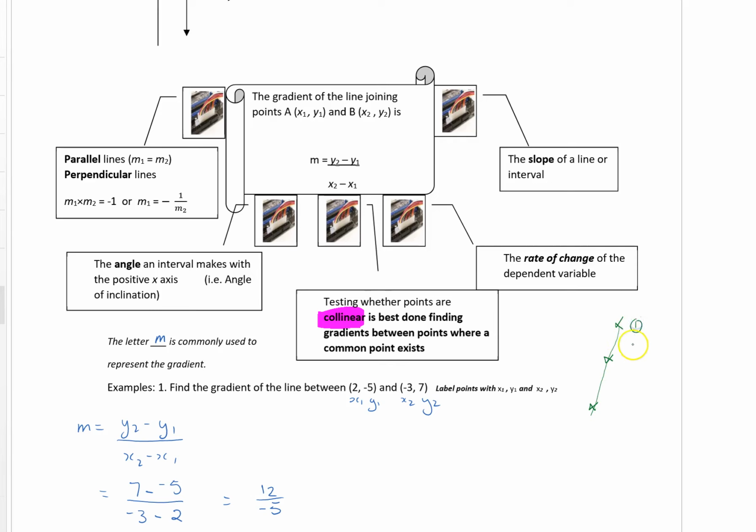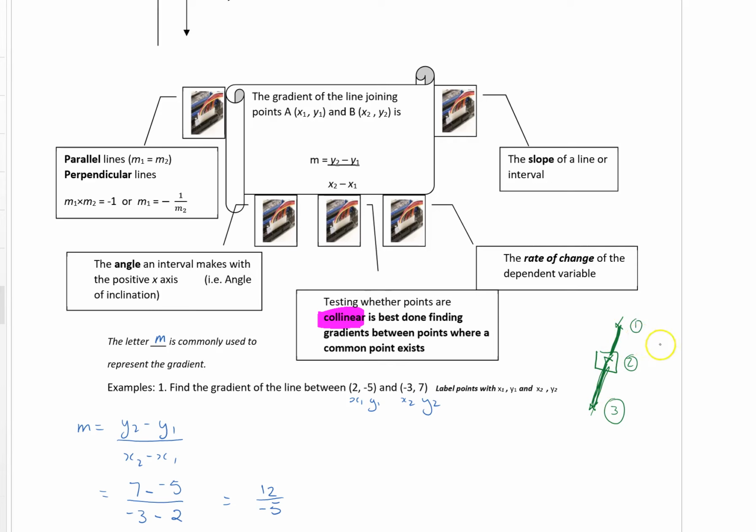So if this is point 1, point 2 and point 3, if I found the gradient between these two, then I use this one again. So I'm definitely going through this point, and I find the gradient between that and the next one, and I find that they have the same gradient, then they have to be collinear.